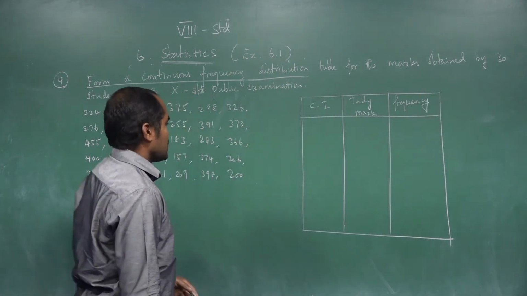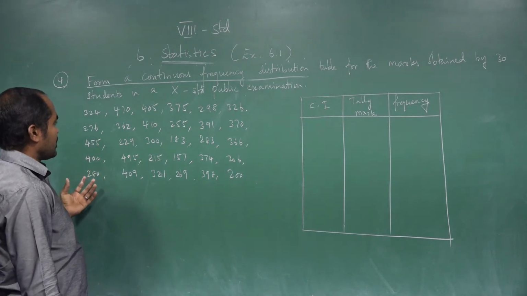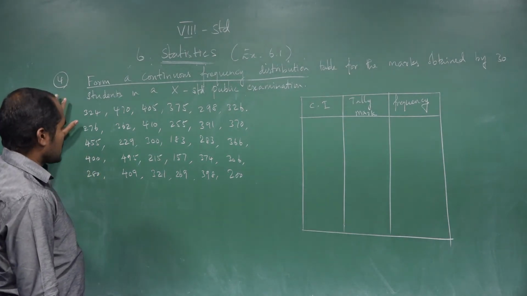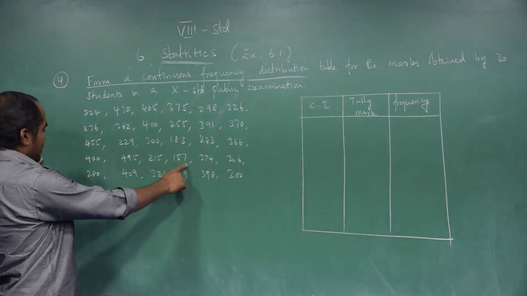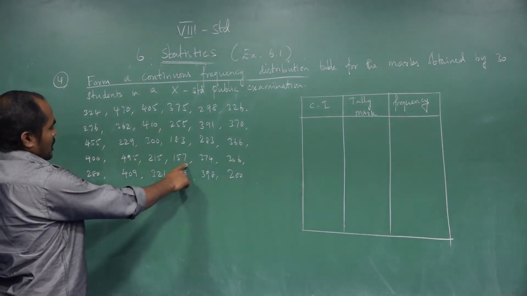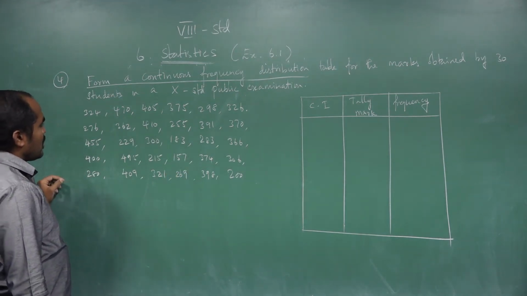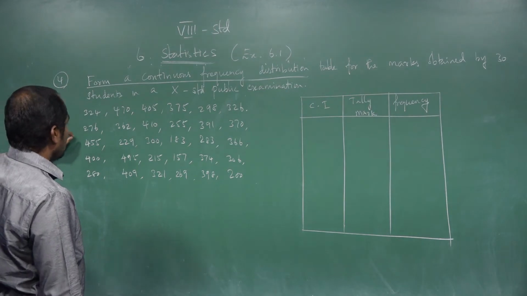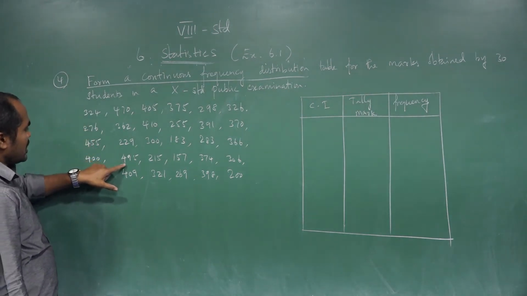So listen, what is the least mark here? The least mark is 157. And the highest mark is 400 and above, right? 400, and here 55 and 495.